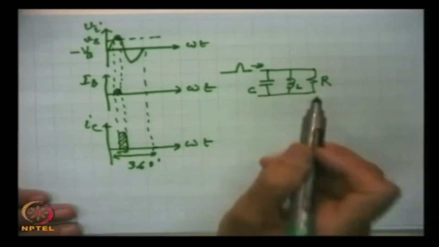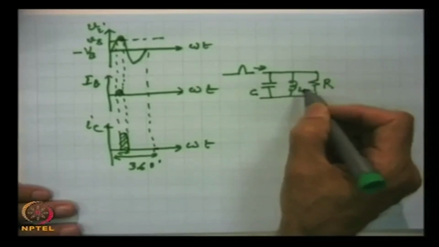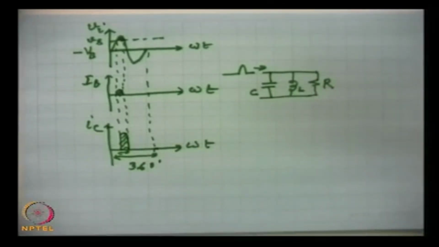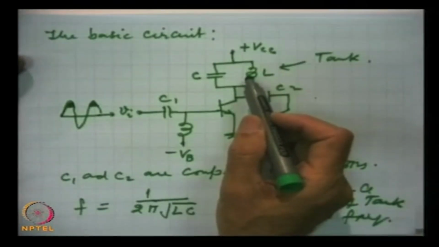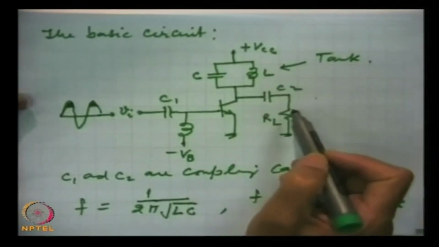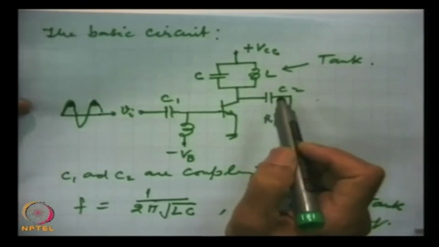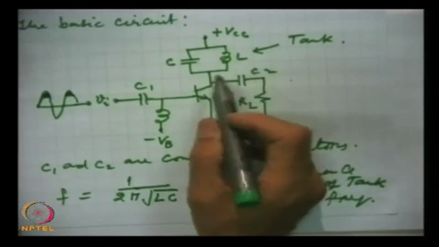This LCR circuit we are showing here: this is the inductance, the inductor has some series resistance, and that series resistance we are representing as an equivalent parallel resistance.